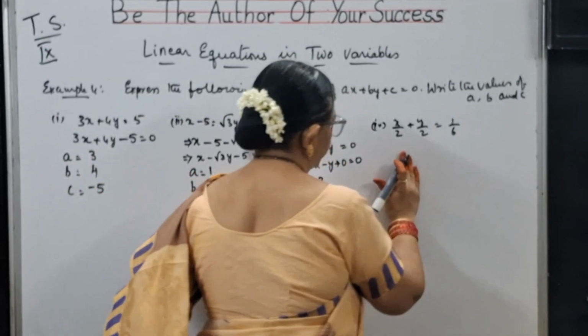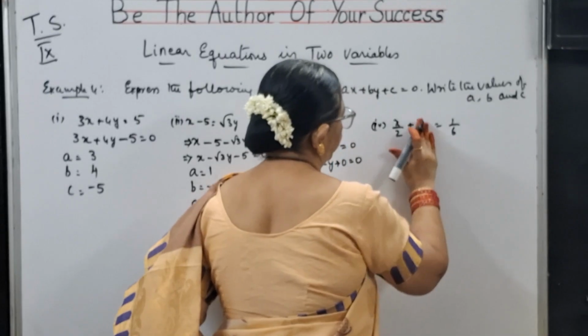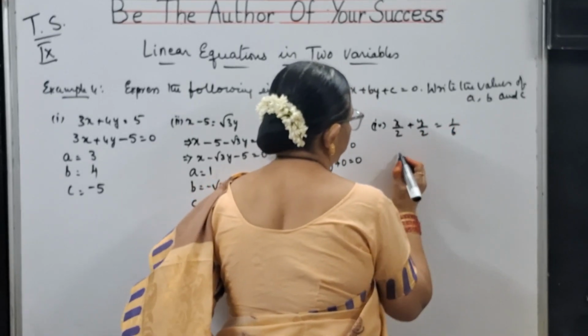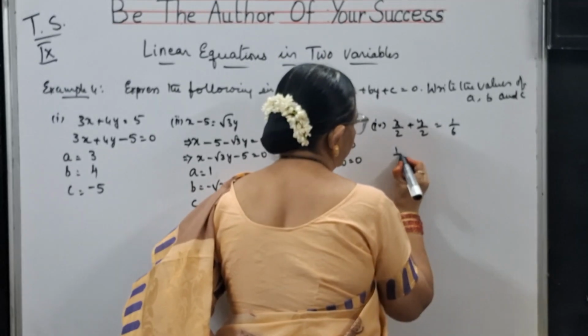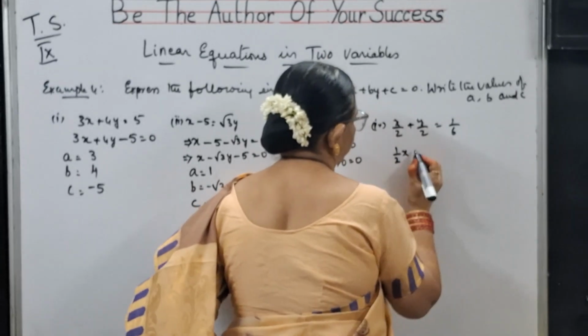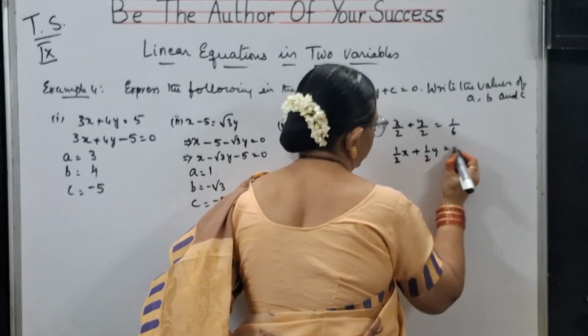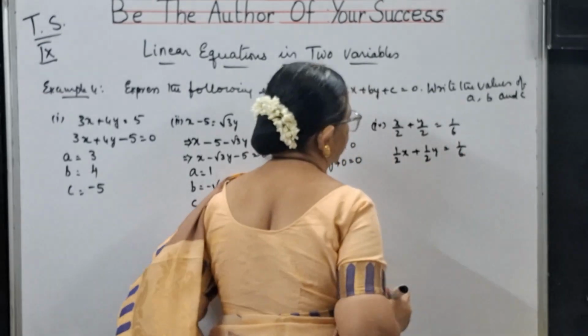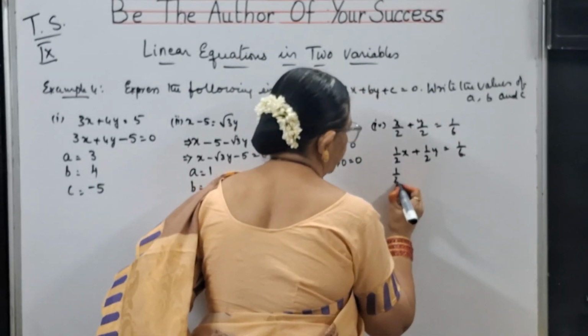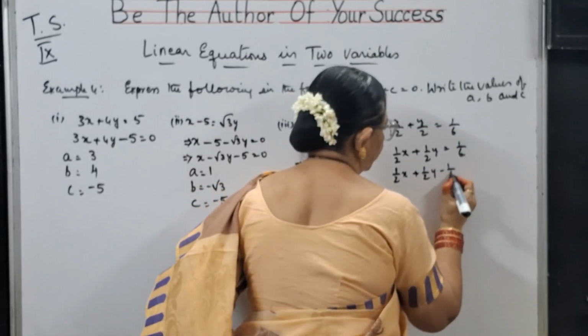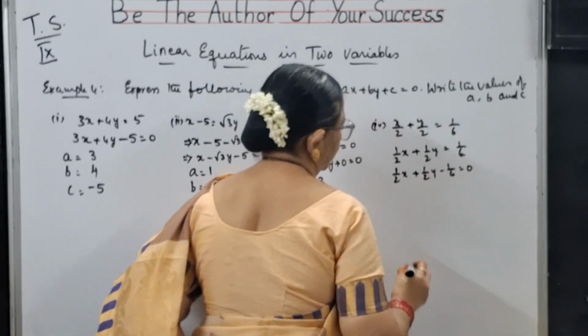Next, here x by 2 plus y by 2 is equal to 1 by 6. This can be written as x by 2 means 1 by 2x, plus y by 2 means 1 by 2y, is equal to 1 by 6. That means 1 by 2x plus 1 by 2y minus 1 by 6 is equal to 0.